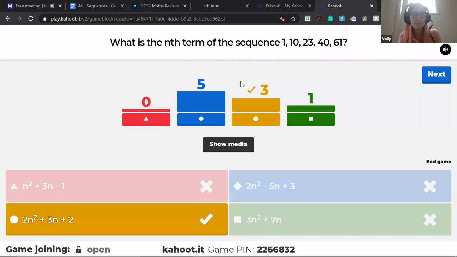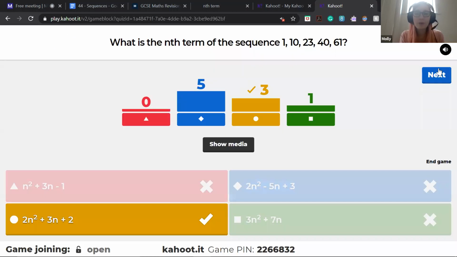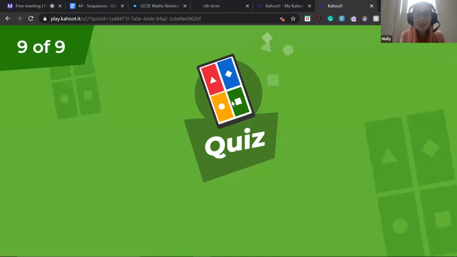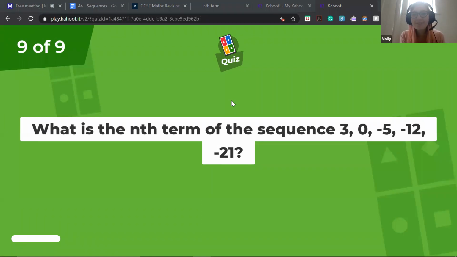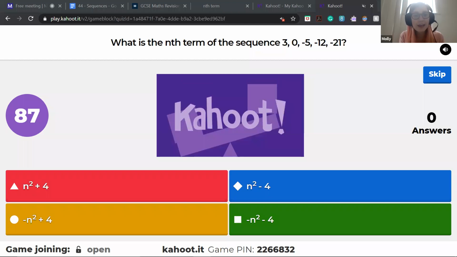Oh, apparently it's 2n squared plus 3n plus 2. Did I do something wrong? Anyway, that's where the 3n comes from. Interesting. I'm not sure what I did there, but I'll look over that whilst we do the next question so that we finish on time. Final question. Oh, was the answer there wrong? Is that why people were thrown off?